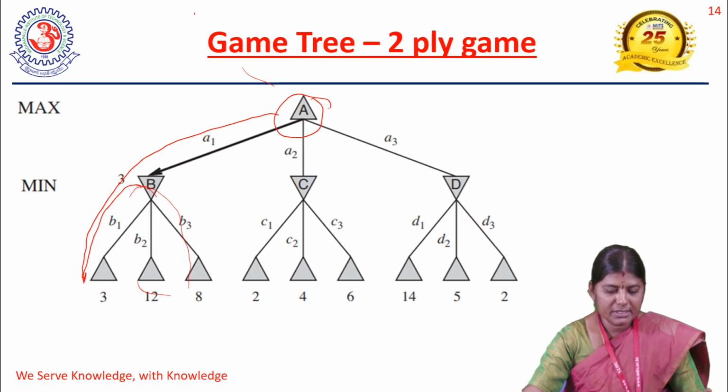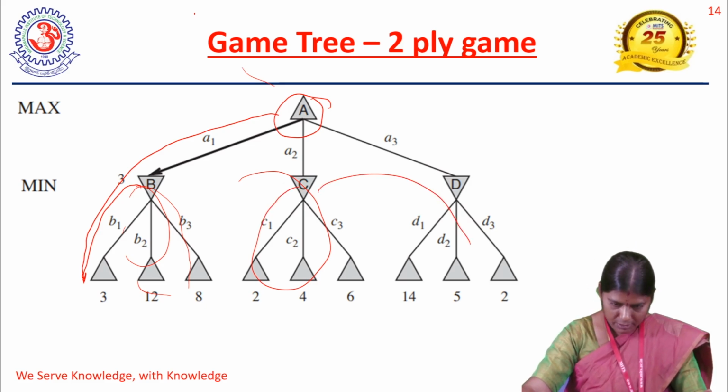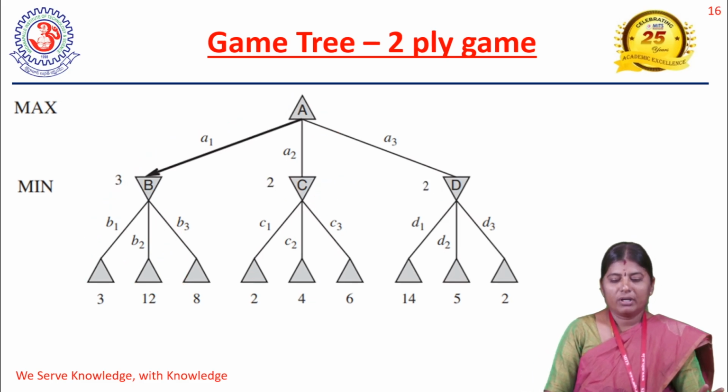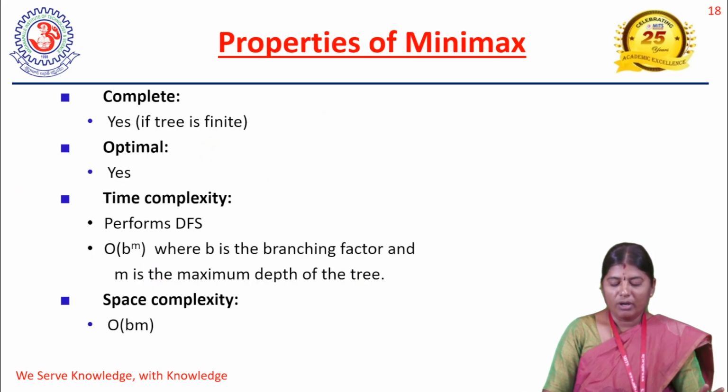Likewise, it completes its left subtree, then it goes on with the others, and then it ends up with the root. So values are propagated to the parent until it reaches the root node. Likewise, the value is calculated for non-terminal or non-leaf nodes.